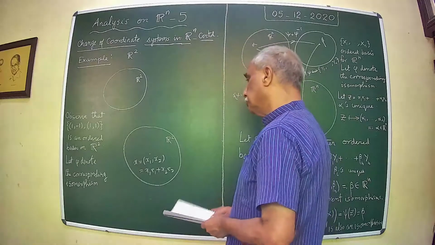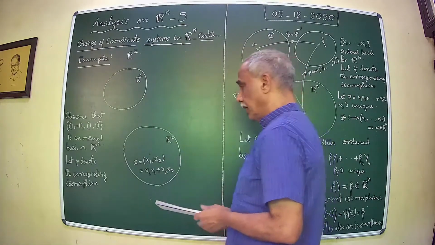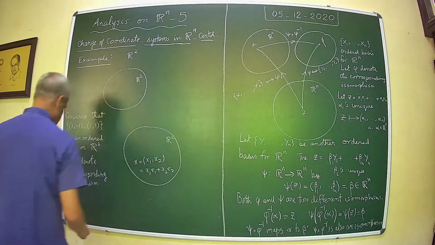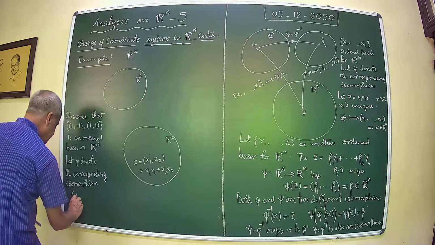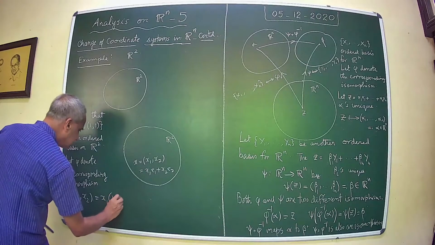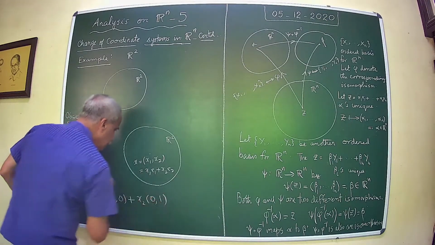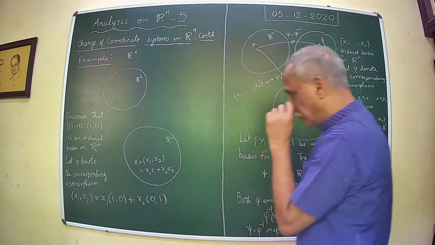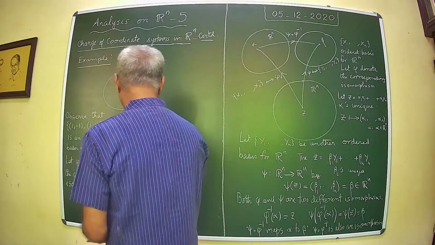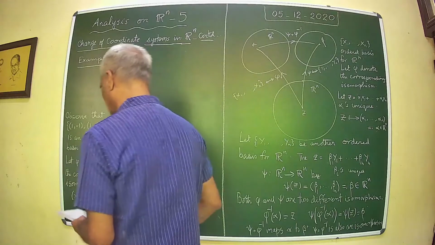What you do, see, x1, x2 equals x1 into (1, 0) plus x2 into (0, 1). Now we compute (1, 0) and (0, 1) in terms of the new basis.